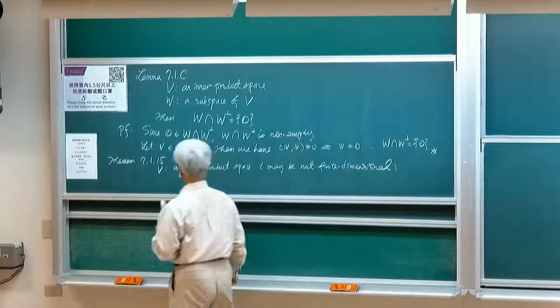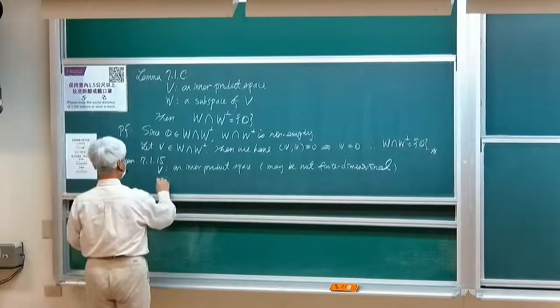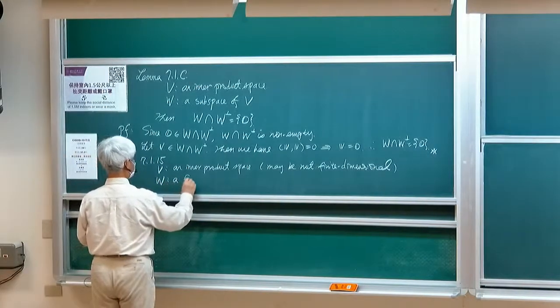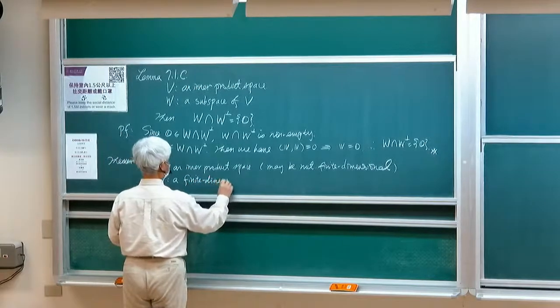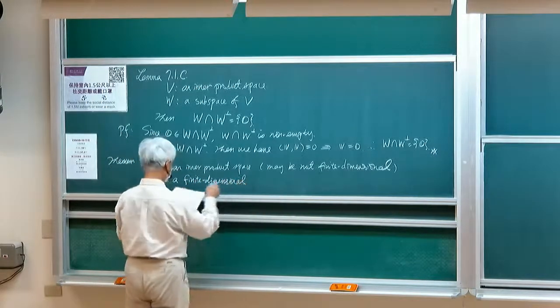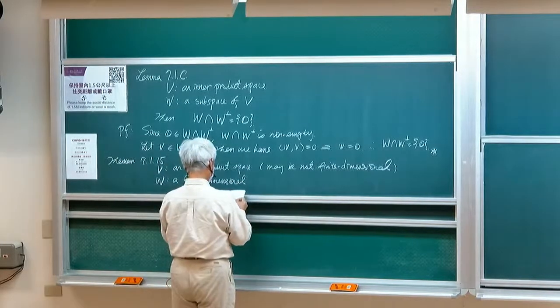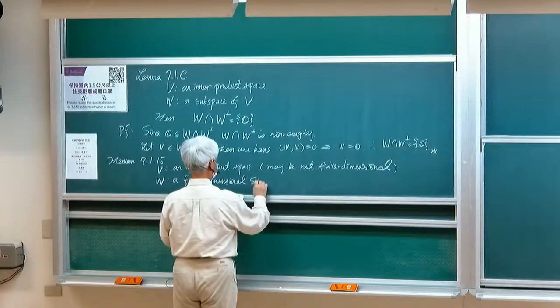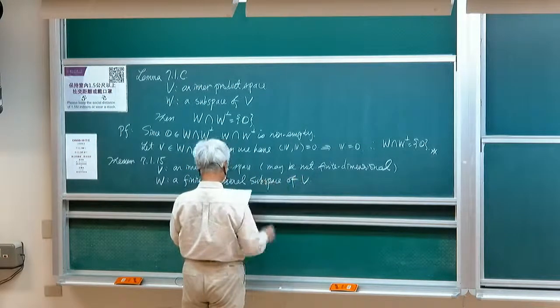So V can be finite dimensional or not finite dimensional, but W must be a finite dimensional subspace of V.